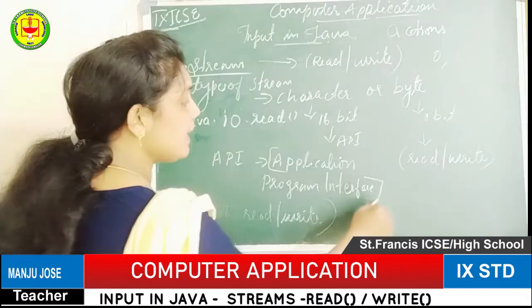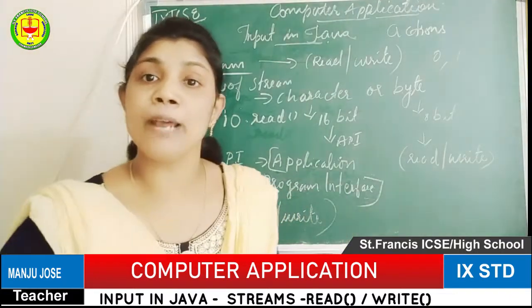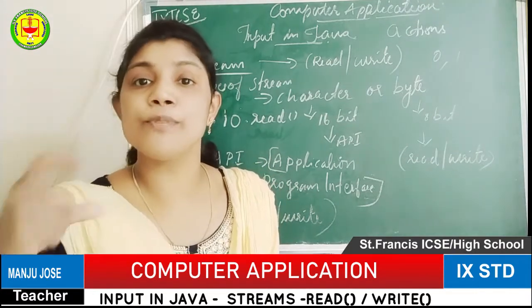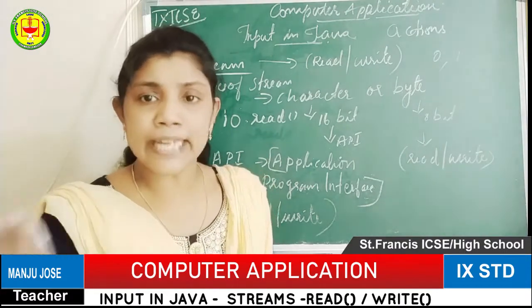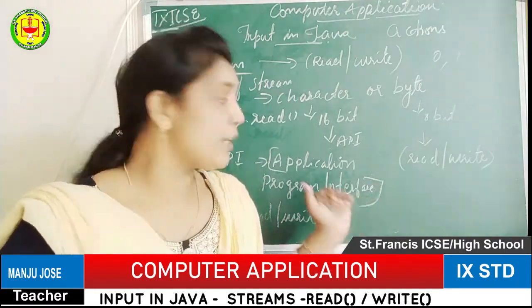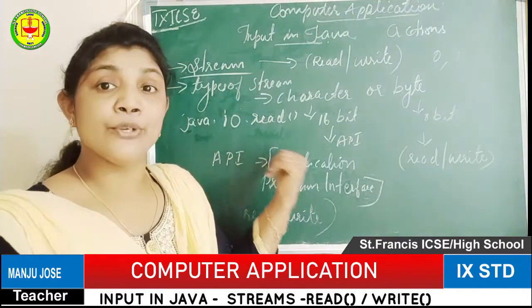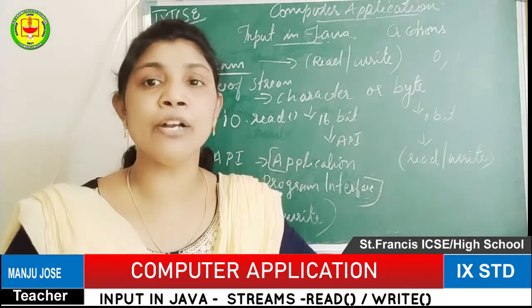Application program interface or partial implementation of Java classes, platforms or any methods or functions related to the program. Wherever we are using this, there we use the java.io Reader or Writer function, reading or writing.